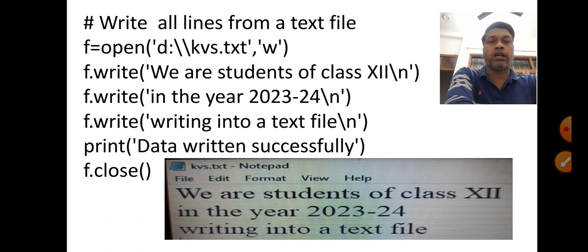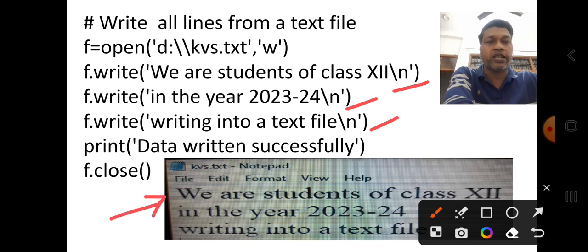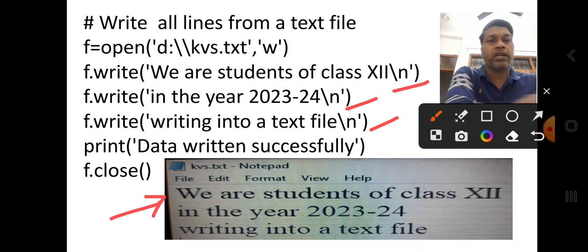Here in our next program we include the separate delimiter slash n. When slash n is included in the write function, then the result generated has three different lines as you passed in the write function.